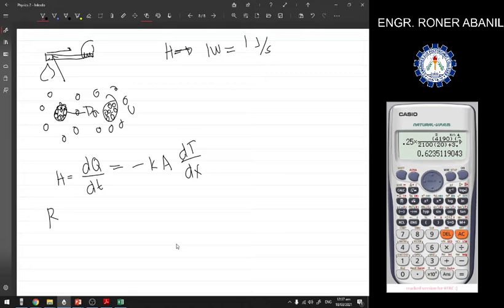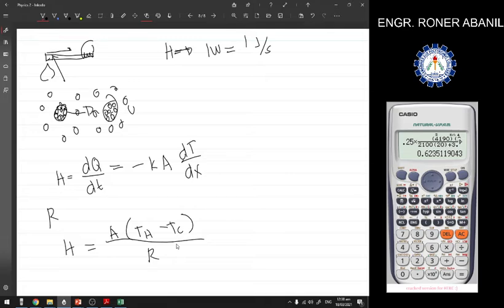The thermal resistance R of a slab or material with the cross-sectional area A is defined so that the heat current H through the slab is equal to the cross-sectional area multiplied by the quantity TH minus TC over R, resistance. So, yung TH and TC dito is the temperatures on the two sides of the slab. Okay?